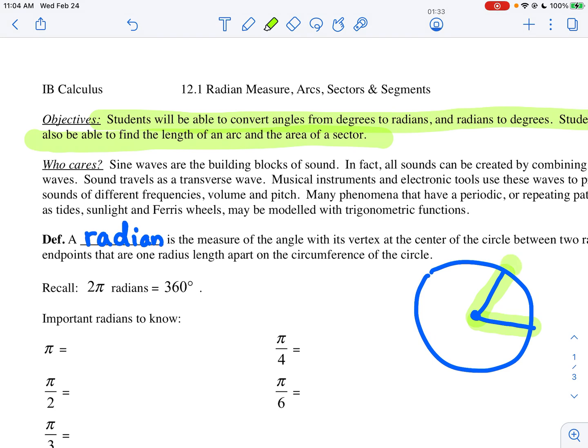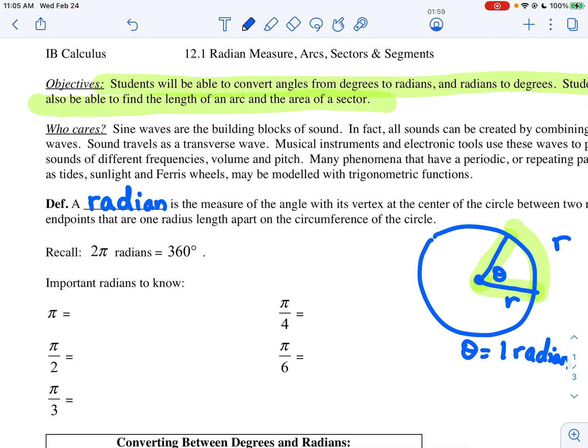So what I'm saying is this arc has a length of the radius, okay? So then this angle theta, if theta is the angle that intercepts an arc length equal to the radius, that is the definition of 1 radian.